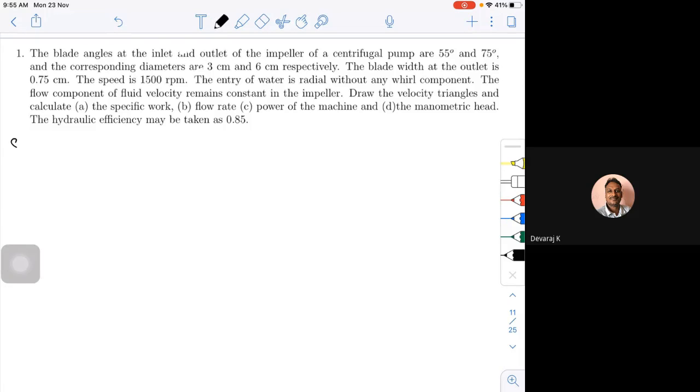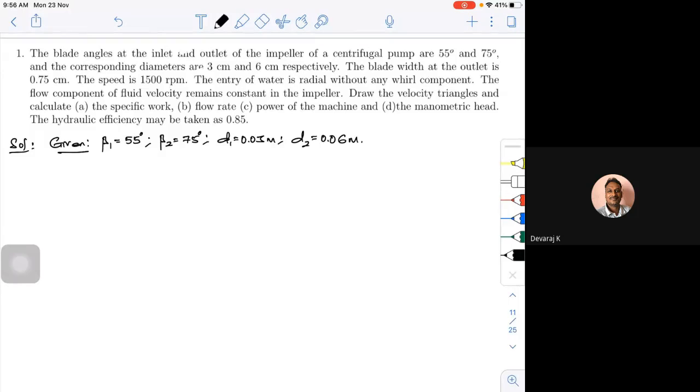Okay. So solution, let us write what is given, the data. The beta 1 is the inlet blade angle, which is 55 degrees. The exit blade angle is 75 degrees, and your inlet diameter is 3 centimeters, means it is 0.03 meters, and the exit diameter is 6 centimeters, means it is 0.06 meters.